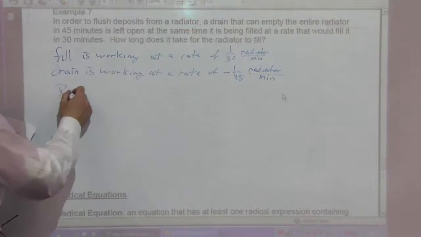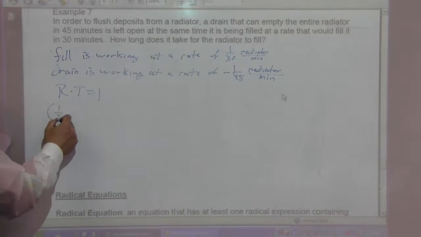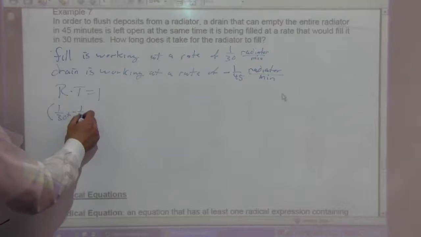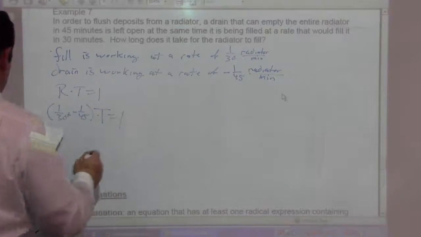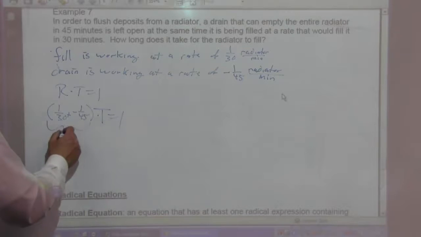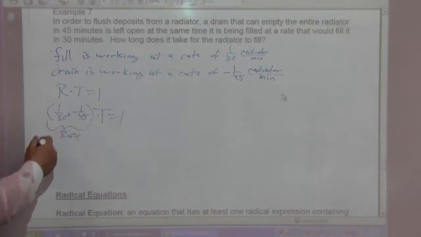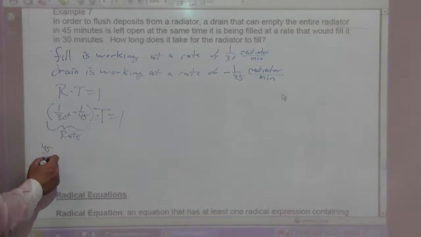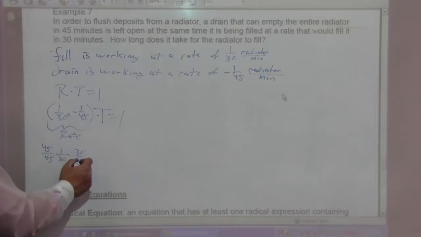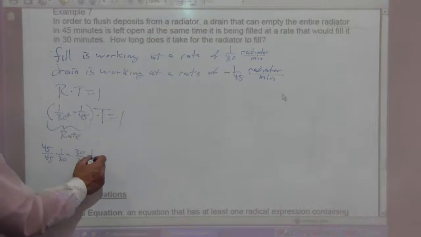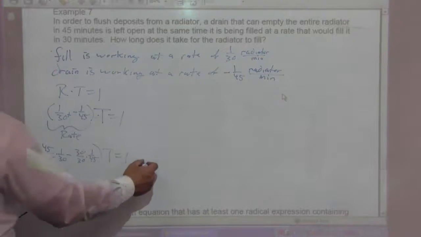So again, our rate times time is 1. So we have 1/30 plus -1/45 times time equals 1. This is our rate. So let's combine these. That's going to be 45/45 times 1/30 minus 30/30 times 1/45 times time equals 1.